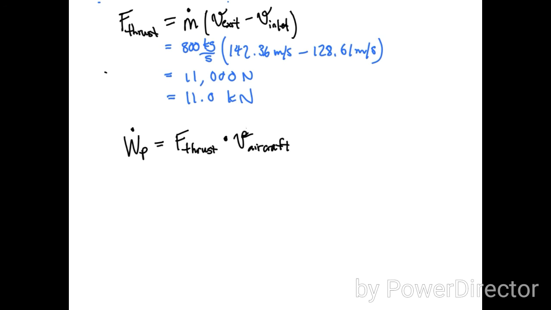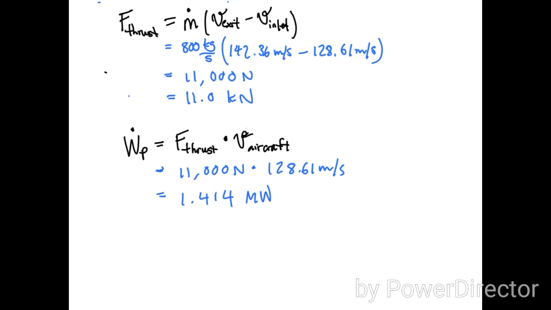So now if we calculate that through, we have 11,000 newtons multiplied by 128.61 meters per second, and if we solve this through, we get about 1.14 megawatts of propulsive power.